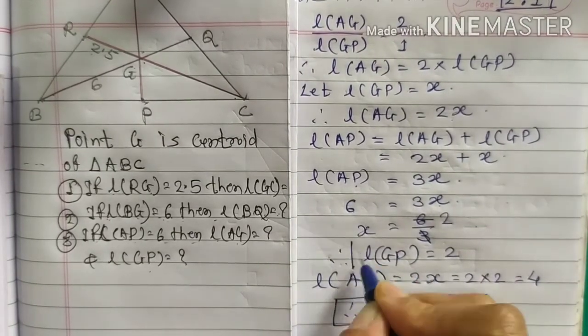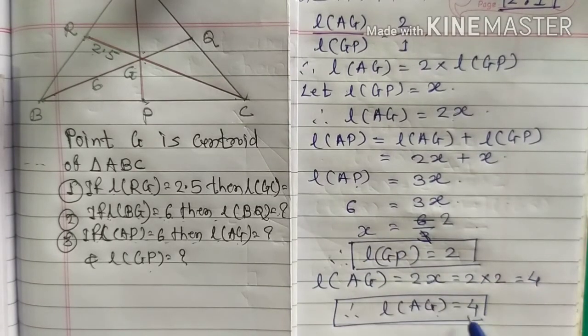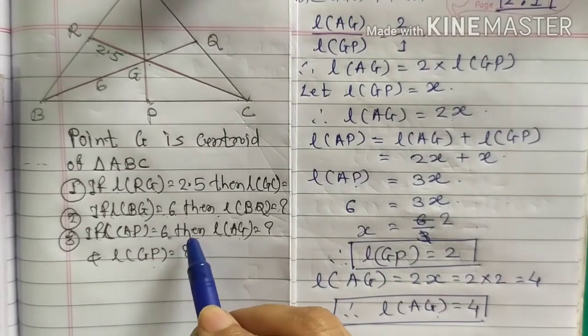Here we find length GP is equal to 2 and length AG is equal to 4, and total length AP is equal to 6, as given.